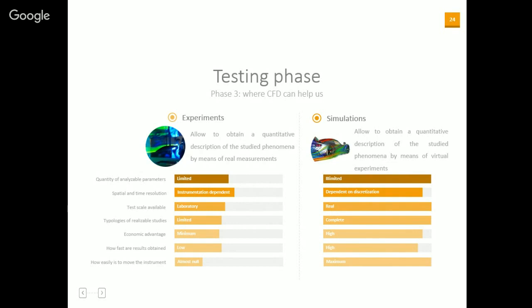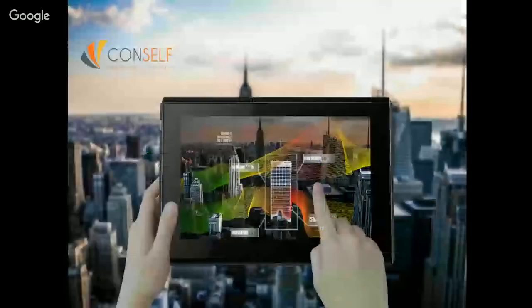Also by using the Conself CFD application, as we're going to see in the next slide. The main disadvantages may come from the accuracy. The CFD user needs to be quite expert in running the simulation. And once again, Conself helps users in setting up the correct simulation, as we're going to see from now on.